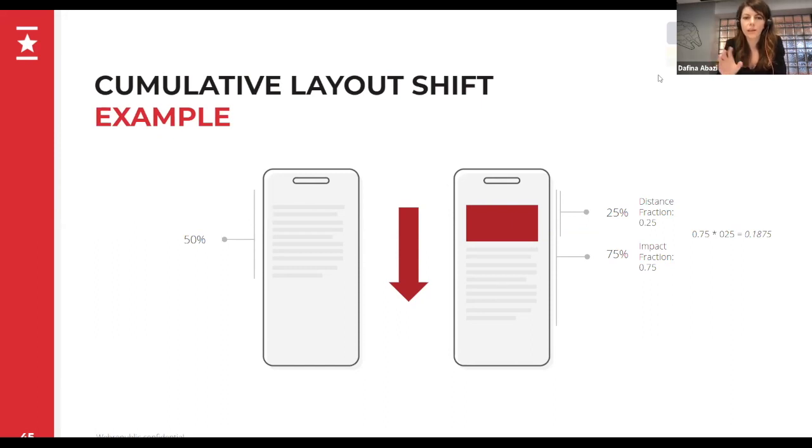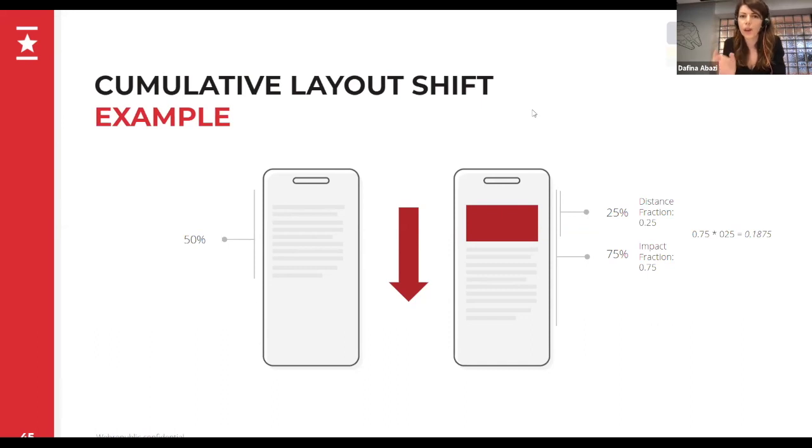On the right-hand side, we have the element shift by 25% of the viewport height. The red rectangle indicates the union of the visible area of the element in both frames, which in this case is 75% of the entire viewport.